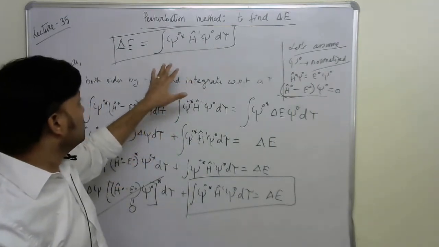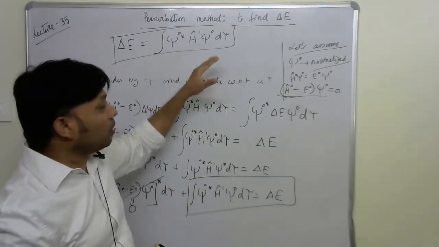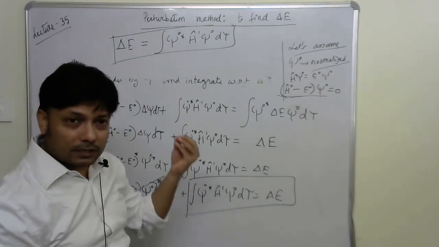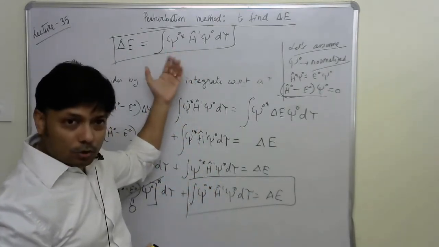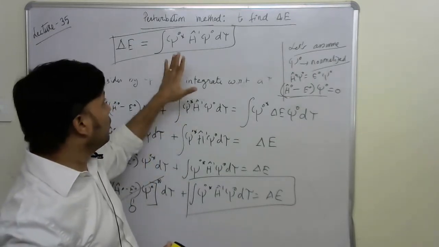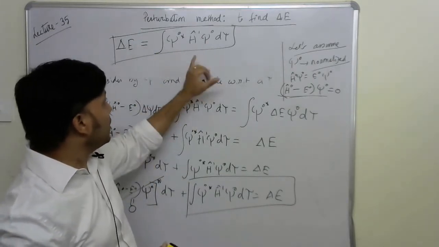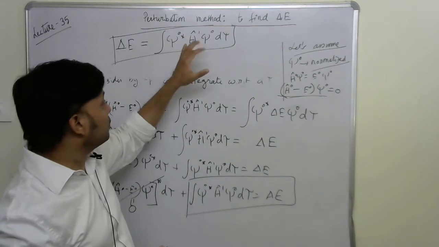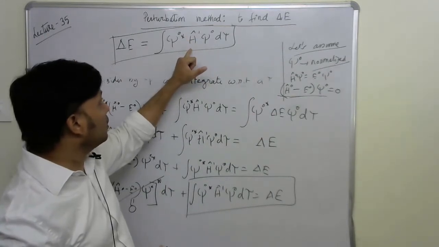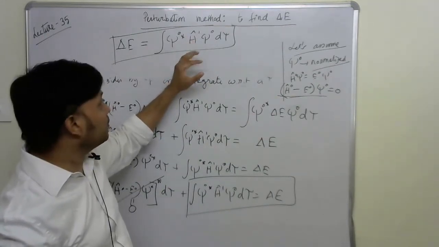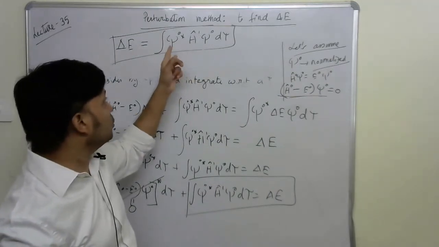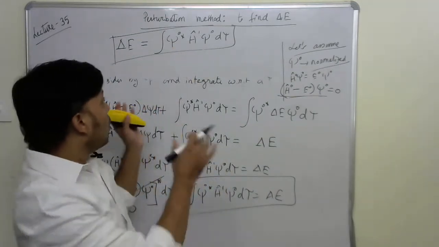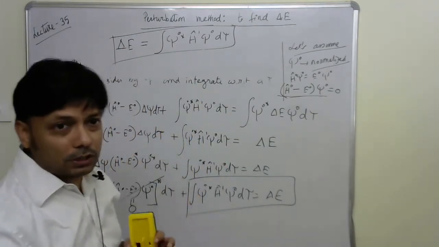The thing is, the psi naught is from the known solution, so we can simply take psi naught, and we have to take the complex conjugate of psi naught. So it operates like this: the H1, that is the first order Hamiltonian perturbation, getting operated on psi naught, and which is multiplied with the complex conjugate of psi naught, and whole integration with respect to d tau.